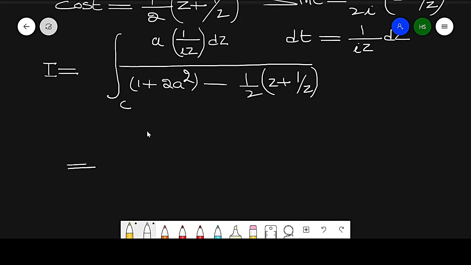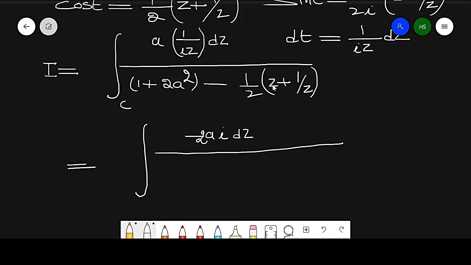We get minus a iota into dz. So this is the upper part, and this is also with the 2. So this 2, z is cancelled with this.